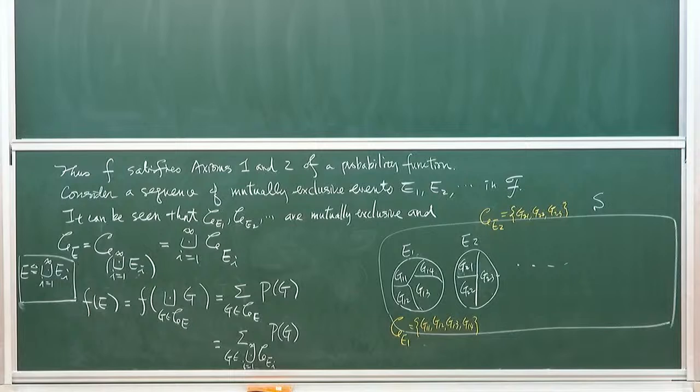But we want to extend P to a function, we say F, and this F can take values on every event in the sigma algebra. Even though the sigma algebra can be uncountable, the collection C is countable. So this is a big extension.